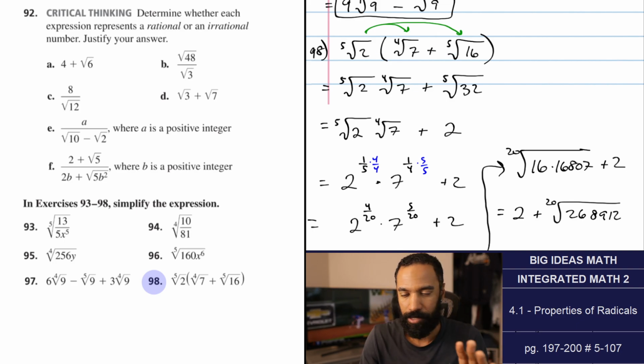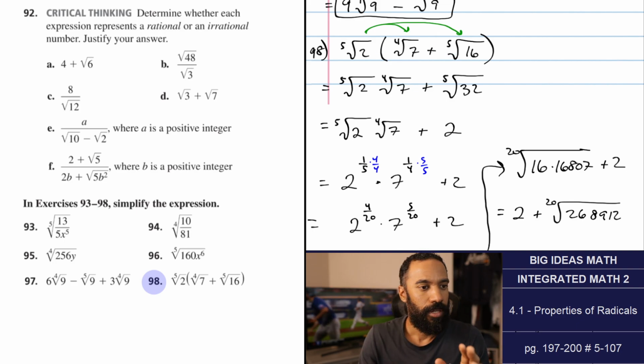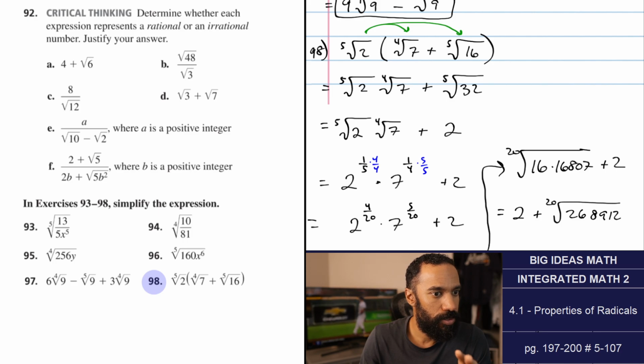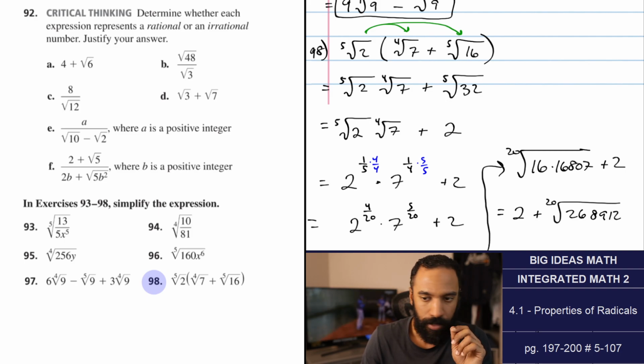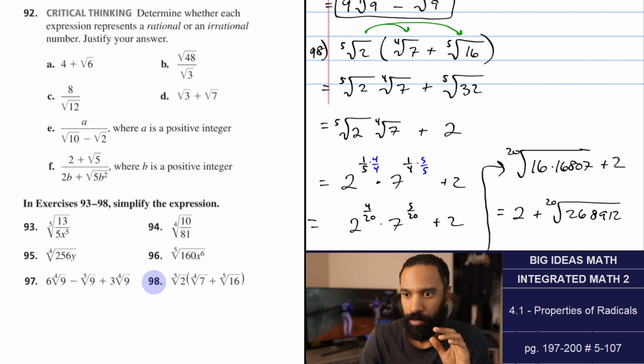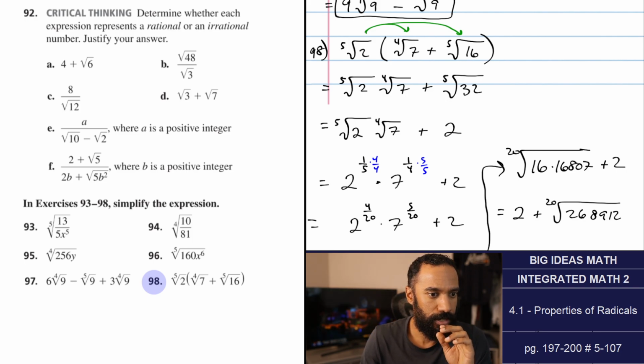You can fast forward past this. This is the last problem in the set. So 5th root of 2, that's 2 to the 1/5, times 7 to the 1/4, plus 16 to the 1/5. Okay, what am I looking for? 3.868.